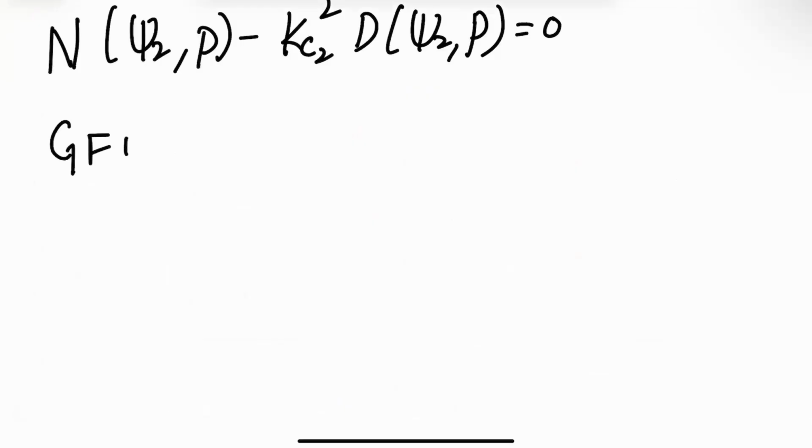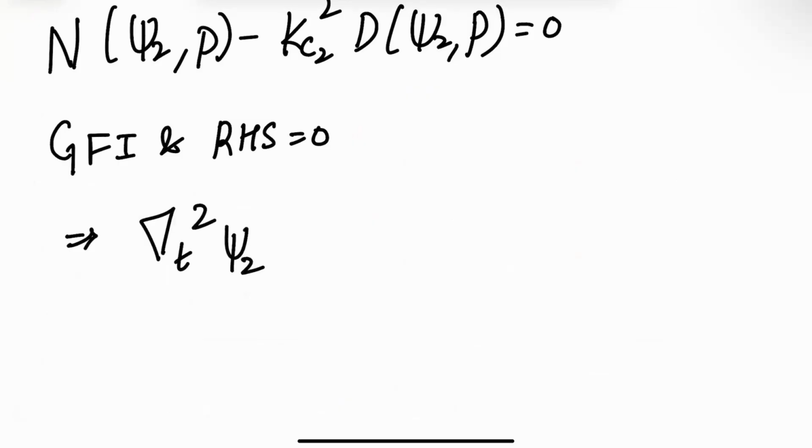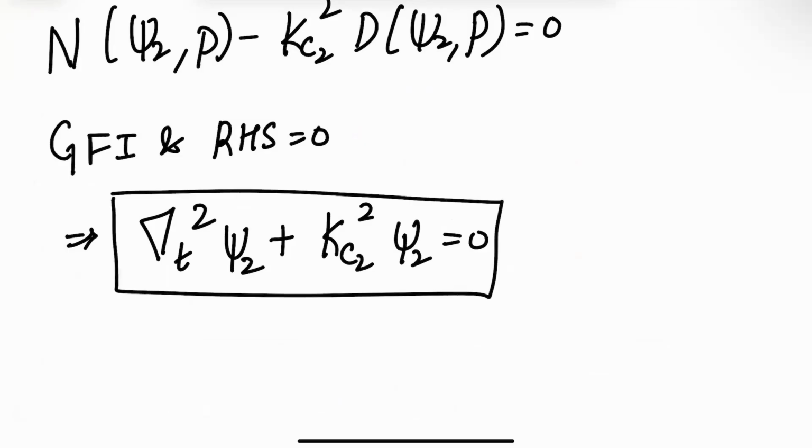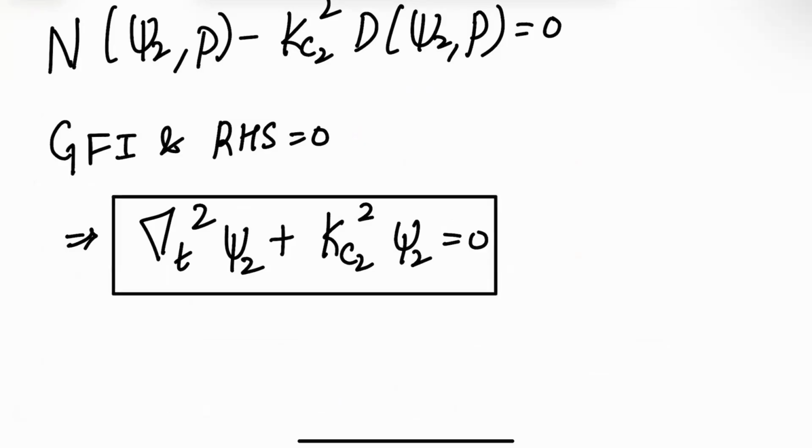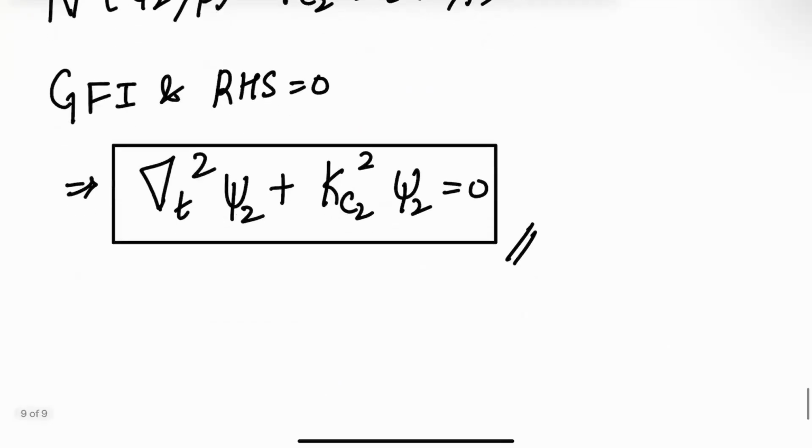So Green's first identity and setting RHS equal to 0 implies that psi 2 satisfies the wave equation with Kc2 as its eigenvalue. Okay. So that completes the proof.